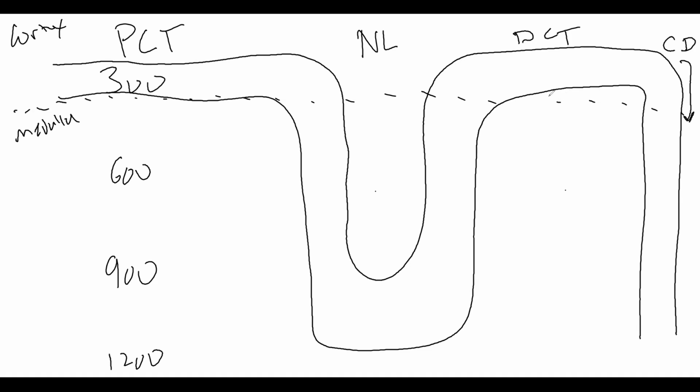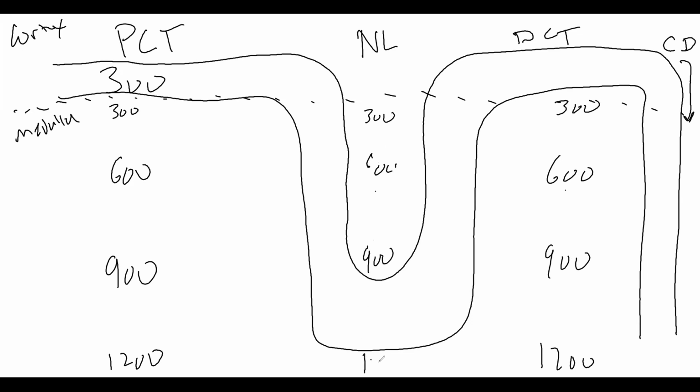So let's look in the interstitial fluid. We have 300 here, 600, 900, 1200. That'd be the same thing here, 300, 600, 900, and then 1200 down here. So realize that this is the interstitial fluid.